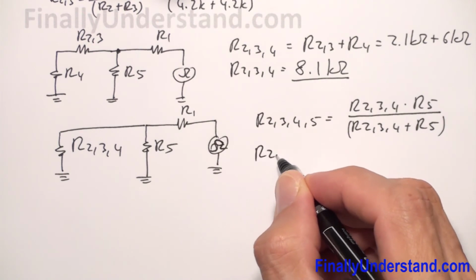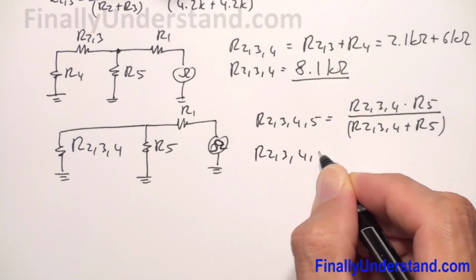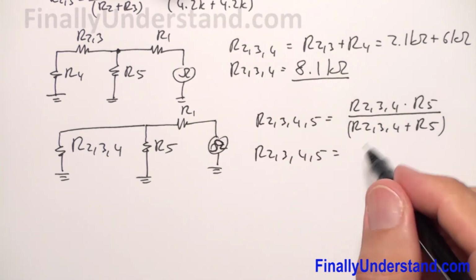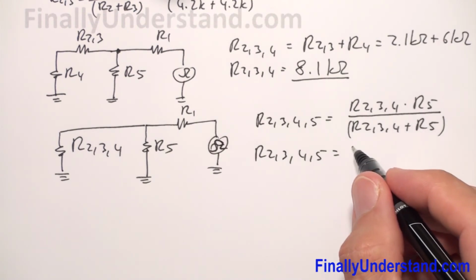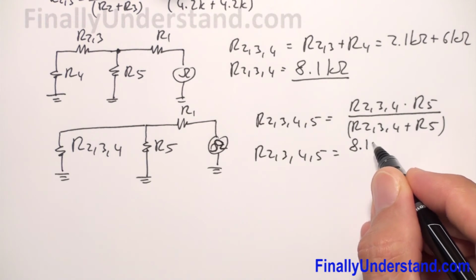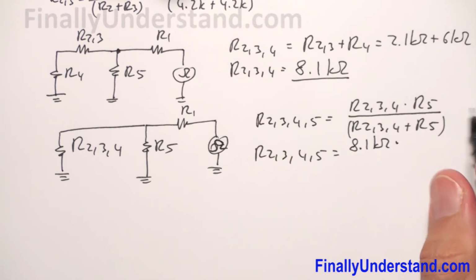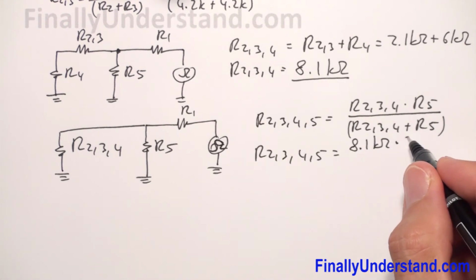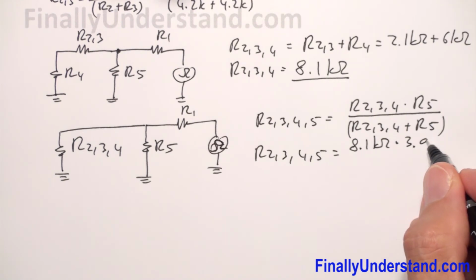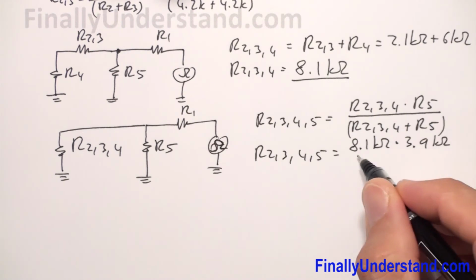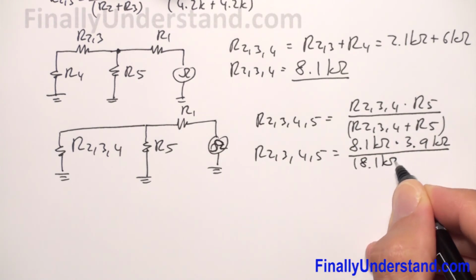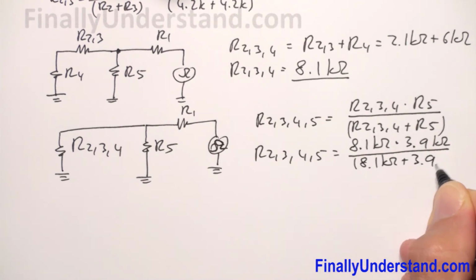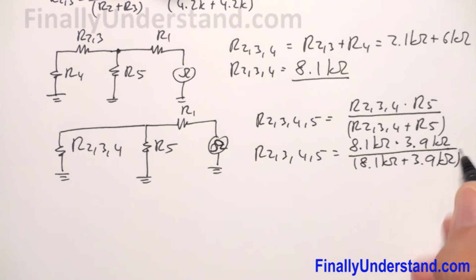So R2345 is equal 8.1 kilo ohms times R5, which is equal 3.9 kilo ohms, over 8.1 kilo ohms plus 3.9 kilo ohms.